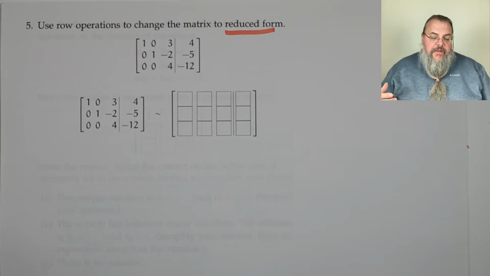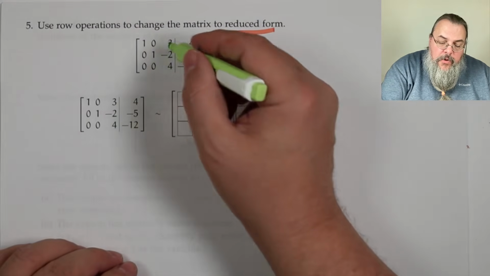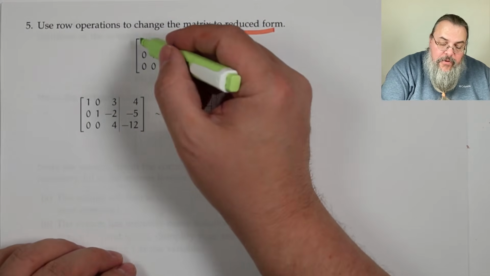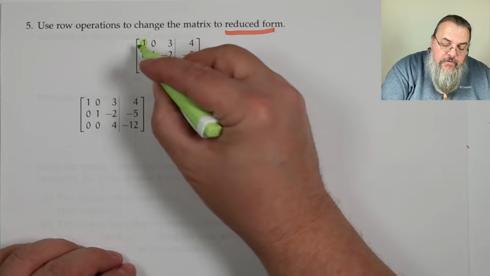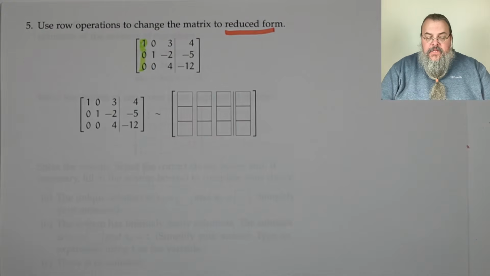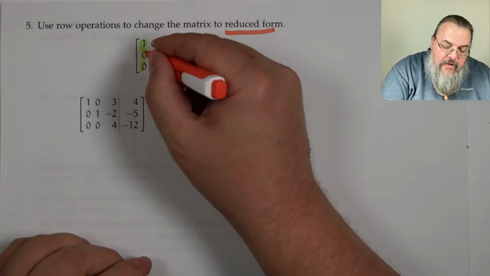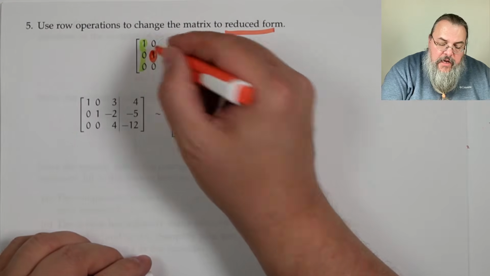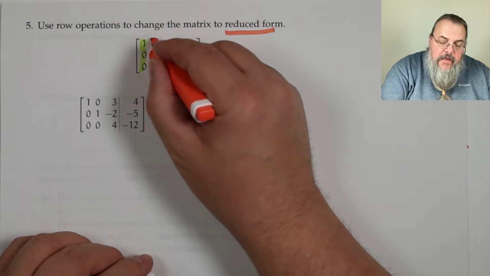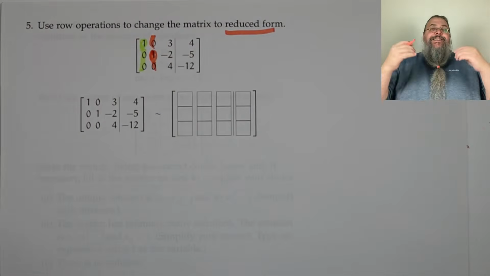So as we look at this, in the first column, we're looking great, because we see a 1 right away, and we've knocked out everything else. Beautiful. That's doing what it needs to do. Let's go to the second column. We have a 1 right away, and those have been used to knock out the other entries, and those are zeros.